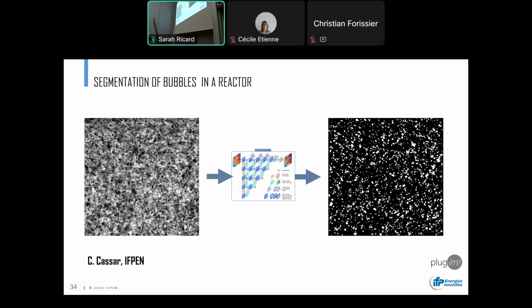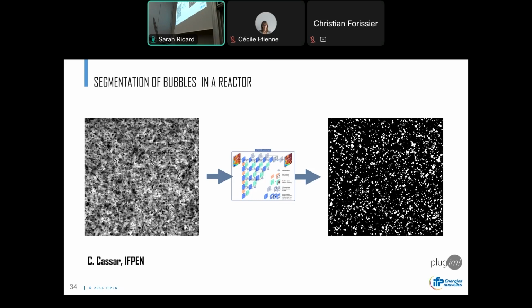You have a reactor, with a light and a camera at two opposite sides of your reactor. You observe the bubbles in black, and you want to extract only the bubbles that are in focus in the images, and you can do it by deep learning.